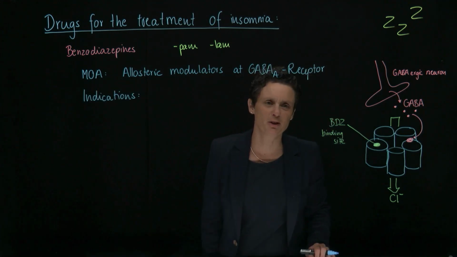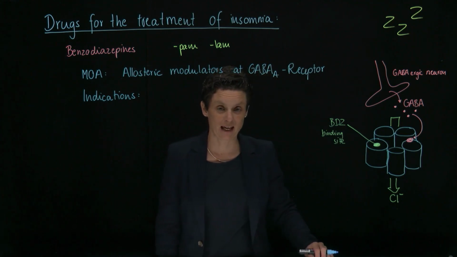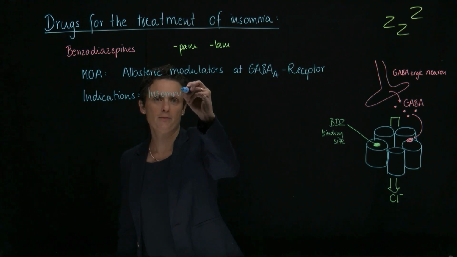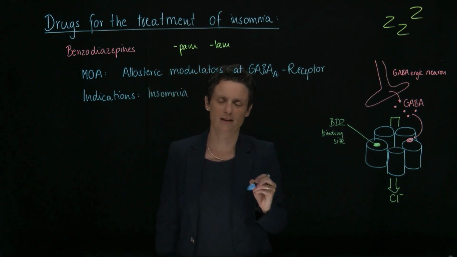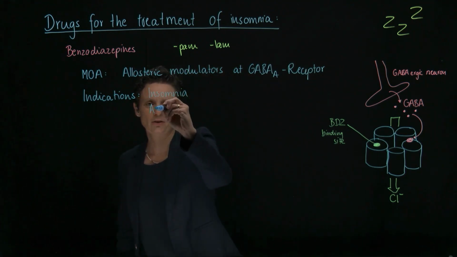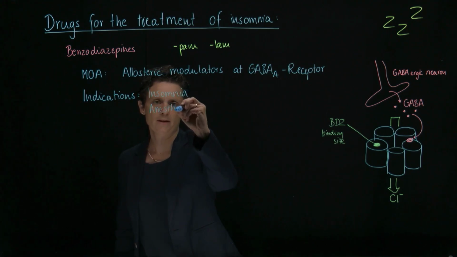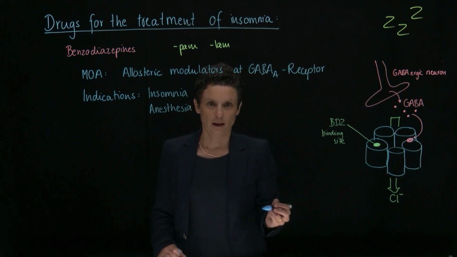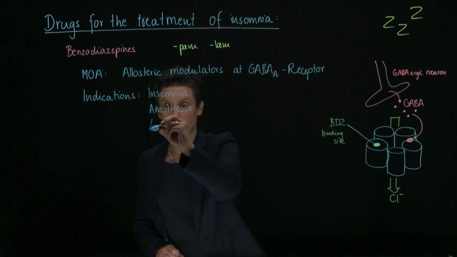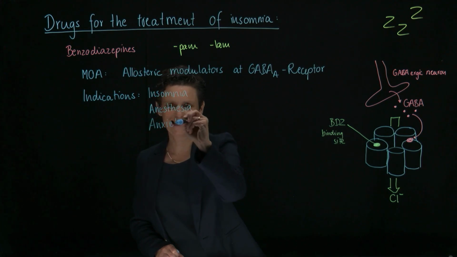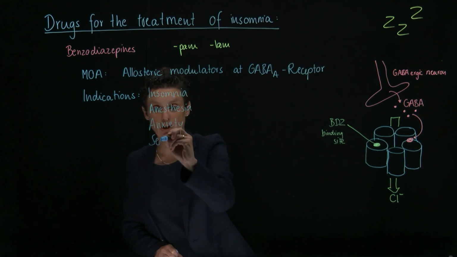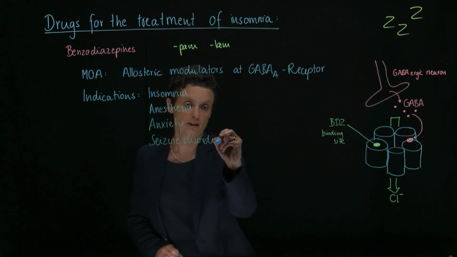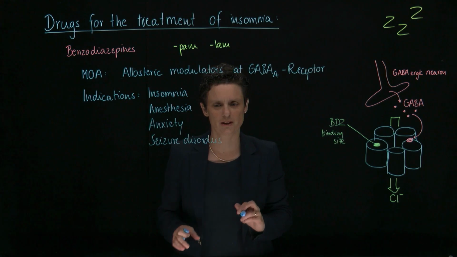Now the benzos are used for many, many different indications. We are discussing them now as drugs for insomnia, but we should not forget that there are many uses. We can also use them in anesthesiology, for anesthesia, for the same reasons. They make us sleepy. They also have anxiolytic properties, so they are used for anxiety. They're used for seizure disorders. We know there's a disbalance between too much activating and inhibitory neurotransmitters.